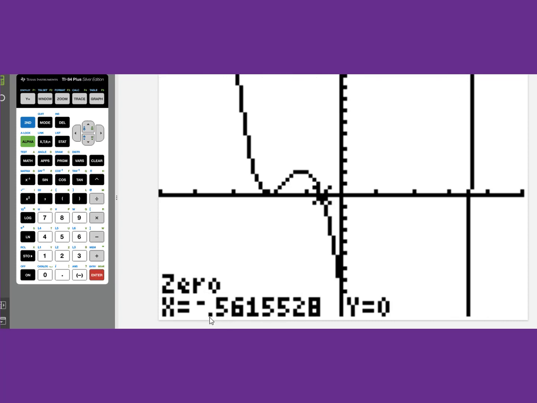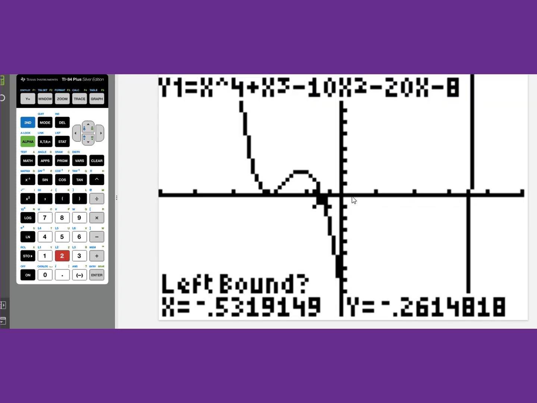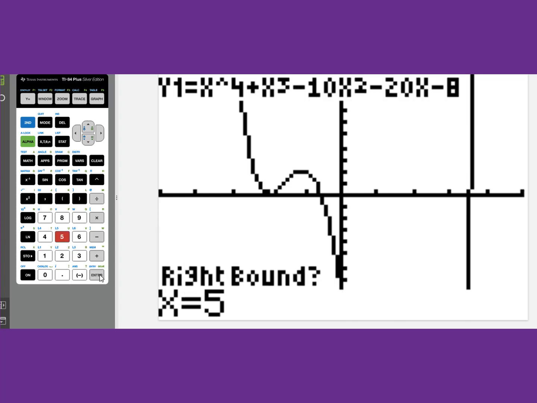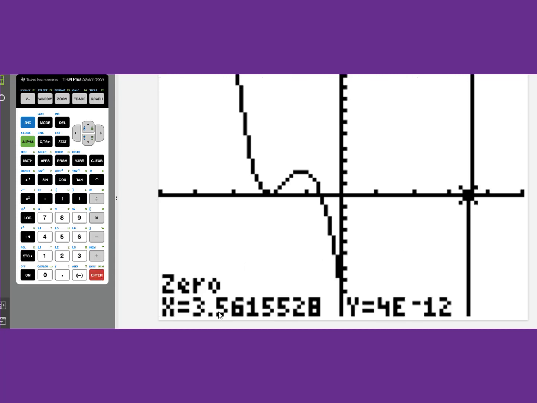You could see this 0 is not a rational solution, so we cannot use this point. Now we try this point. We do second trace, 2. Left bound, I can put 0. Right bound, we know this is a 5. Then enter. See, for this 0, it's not a rational solution.